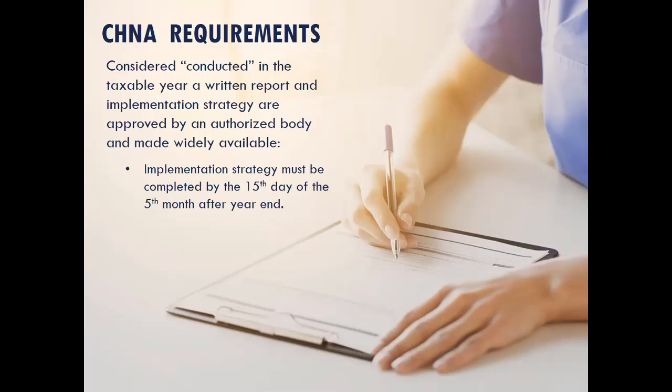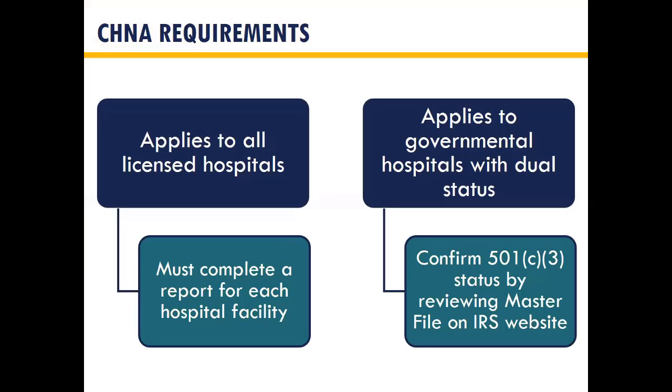Well, technically, having it approved January 15th does not meet that requirement, and therefore you would be subject to that $50,000 penalty for 2019 because your report was not complete. I'll talk in a few minutes about the rules with respect to where the IRS has come out and given some examples of where they will and will not enforce the penalty and revoke tax exempt status in those types of situations.